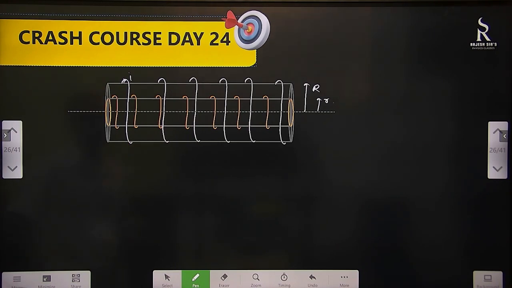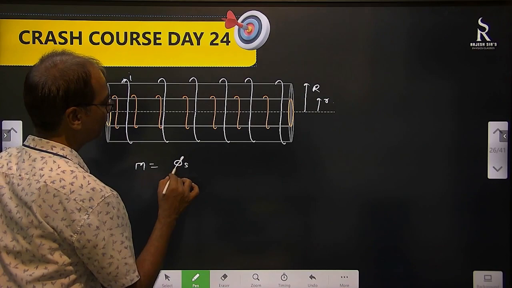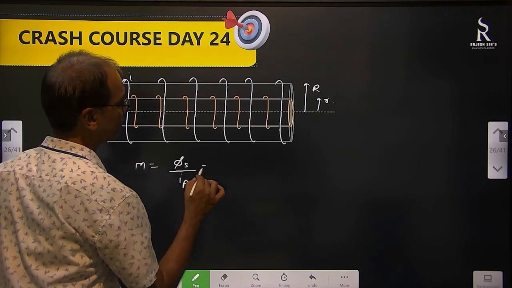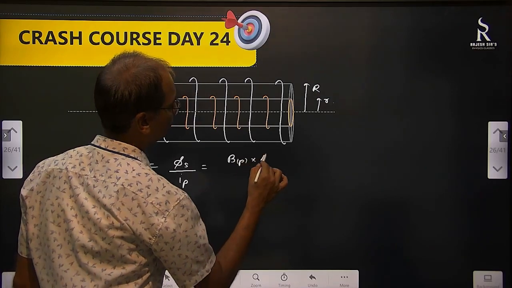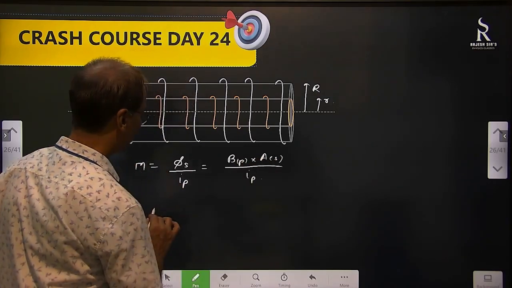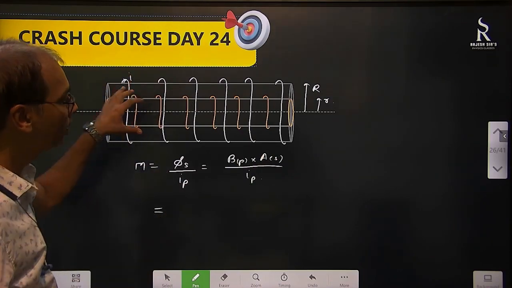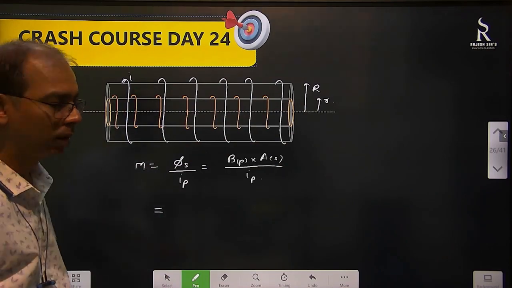What do you want? M. What is M? Phi S by I P. What is phi S? Magnetic field of primary into area of secondary, by current of primary. What is the magnetic field produced along the axis? So mu naught N i.